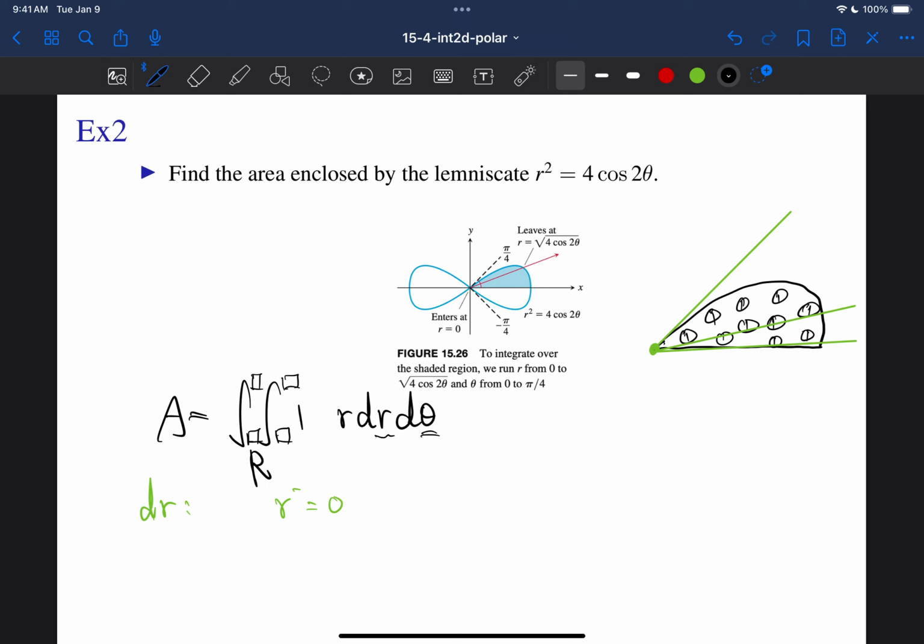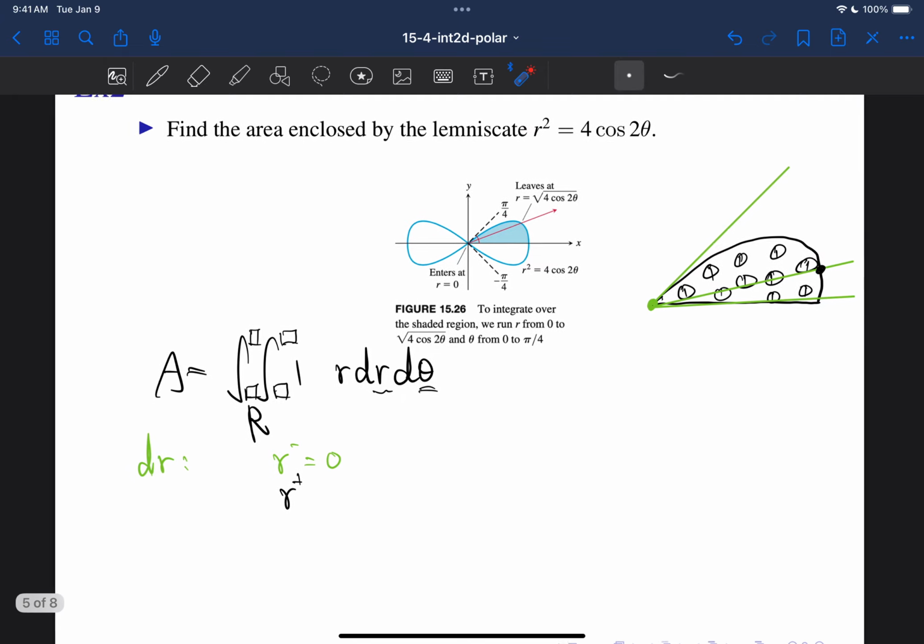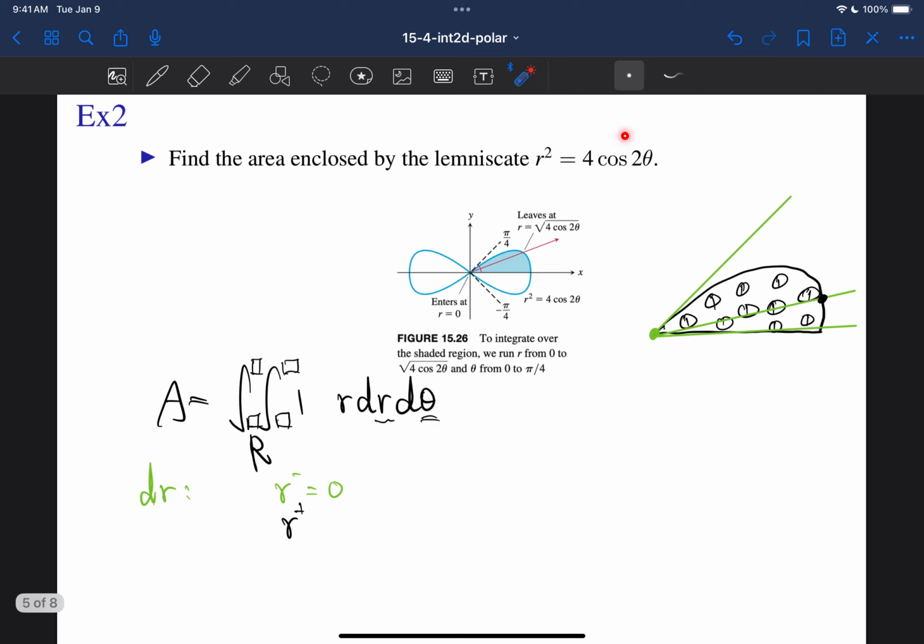And then r ends at this point, which satisfies the equation of this curve. The curve equation is given, so this point can be solved from this equation: r plus is the square root of 4 cosine 2 theta.